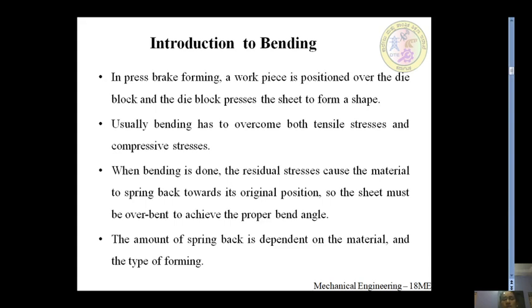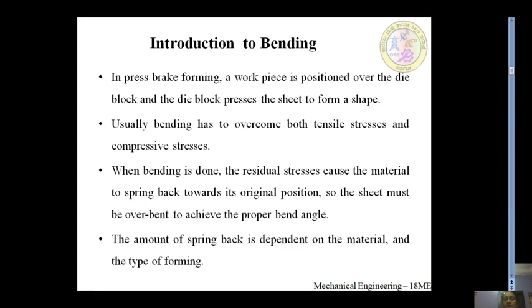So the sheet must be overbent to achieve the proper bend angle. When the deformation is taking place, this deformation is the sum of elastic deformation and plastic deformation. When the pressure or force is taken back, the permanent deformation remains as it is. But what about the elastic deformation? It comes back.